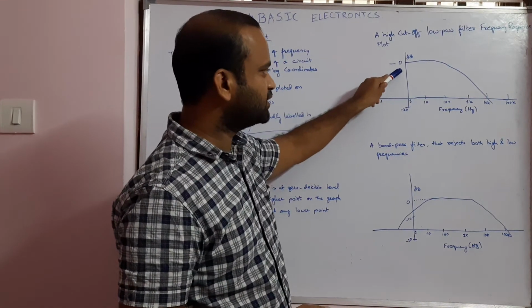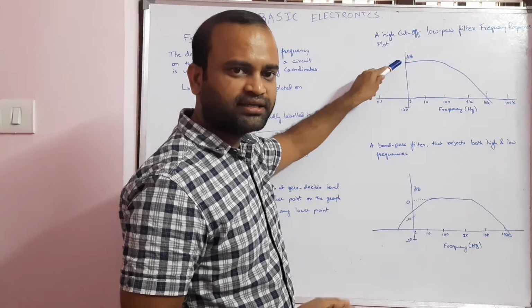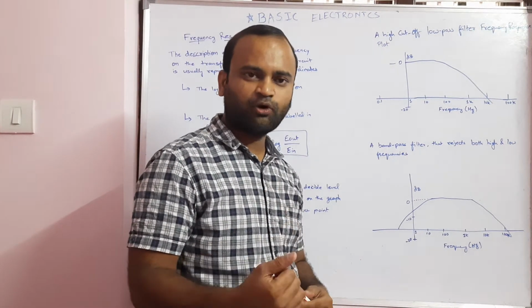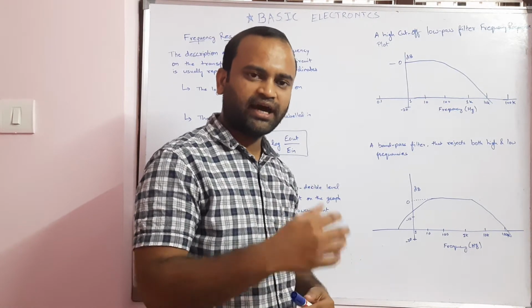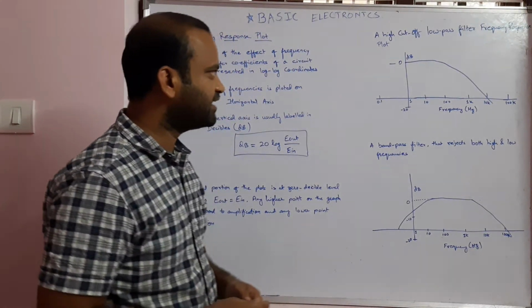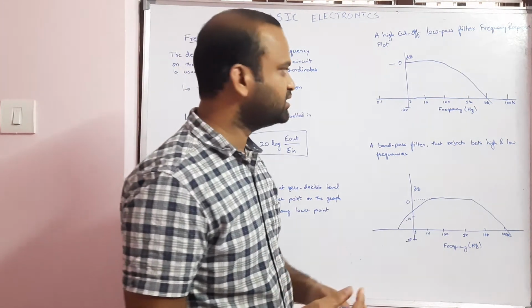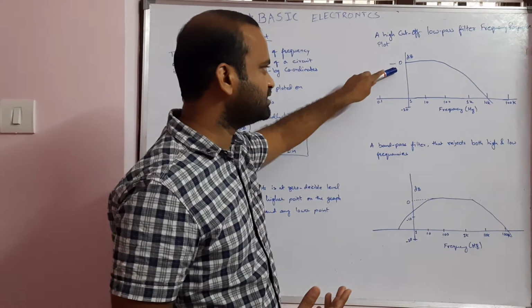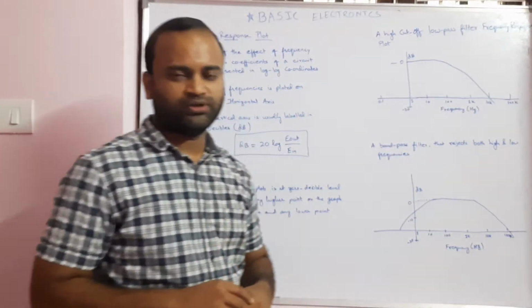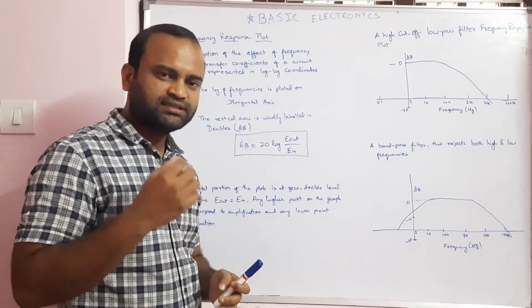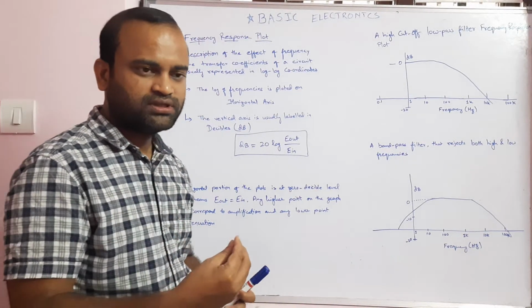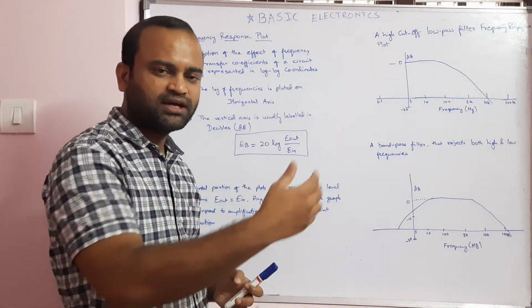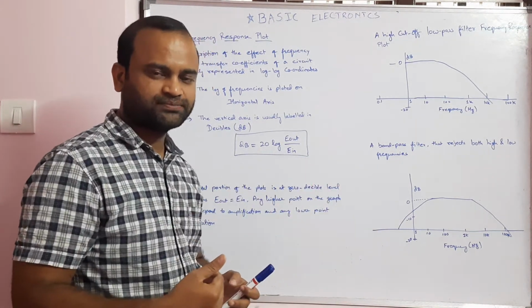If any point is occurring below the 0 dB level, that means the system or circuit response is attenuation. And if the value is 0 dB, that means output is equal to input. Hence, if the input is giving some value, the response from the system is the same as the input. Hence, output voltage is equal to input voltage.